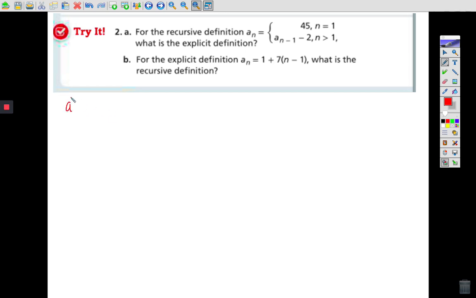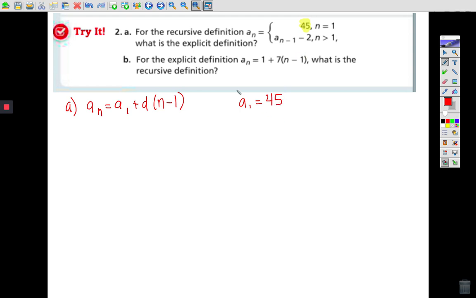So for a, I know that the explicit definition should be a sub n is equal to a sub 1 plus d times n minus 1. Well, if I'm looking at that recursive definition up here, can anybody tell me what a sub 1 equals? That's the first number they give you right here. A sub 1 is equal to 45.